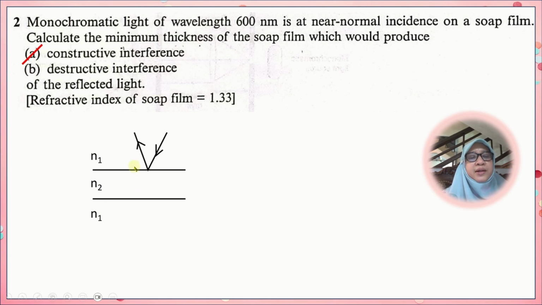The ray first reflects at the first interface. The optical path will be half lambda because n2 is larger than n1, it's denser than n1. Then the second ray is reflected at the second interface where n1 is less dense than n2. Therefore, the optical path is just 2nt.